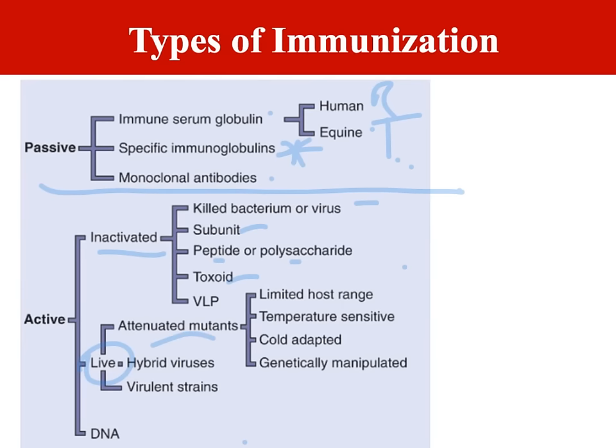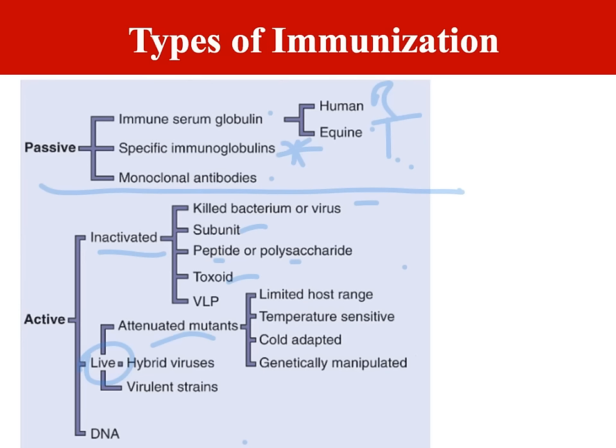We'll talk about those in a second, but they're basically live, almost exclusively virus, and these viruses are attenuated to the point where they can't cause disease anymore, but they're quite good at stimulating protective immunity against fully virulent forms of that virus. Hybrid viruses are what I refer to later on as recombinant vaccines. There's one really promising example of that we'll talk about in a few minutes.